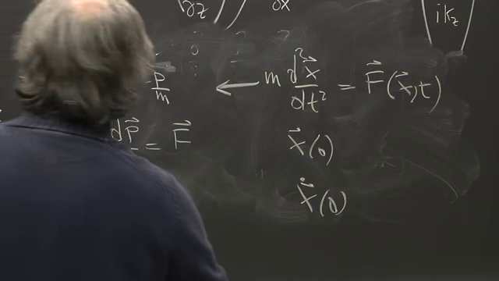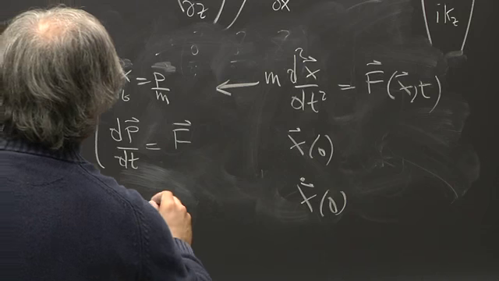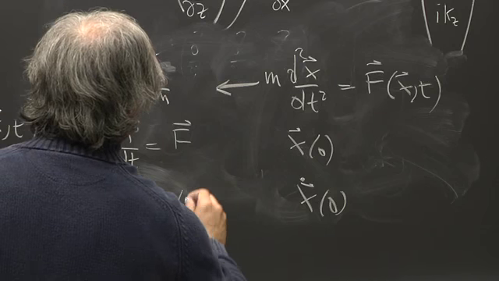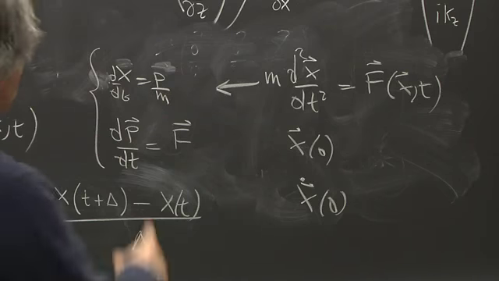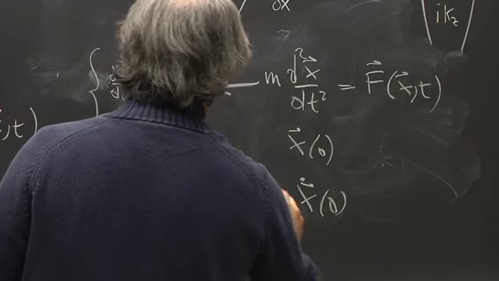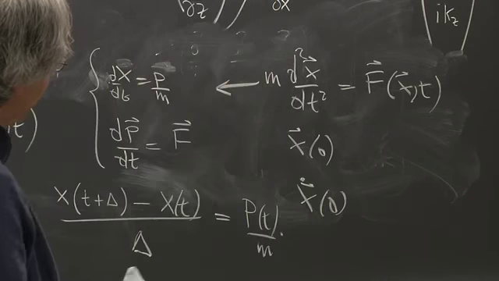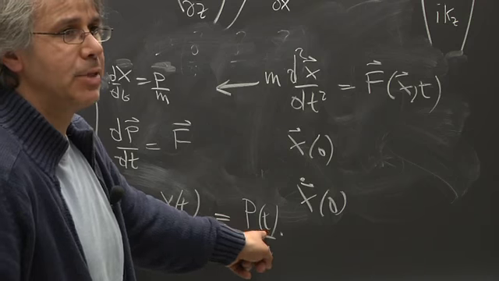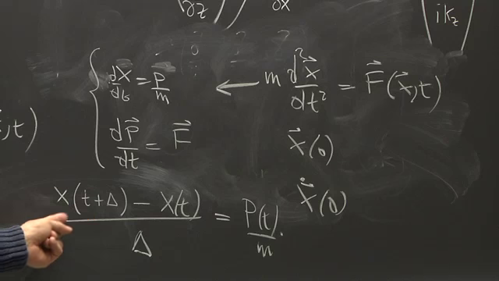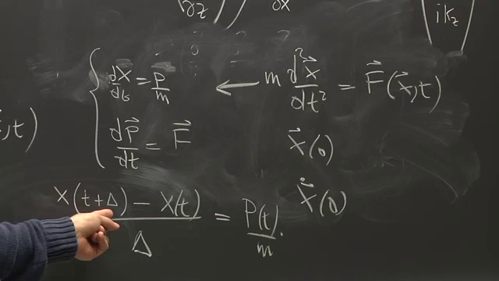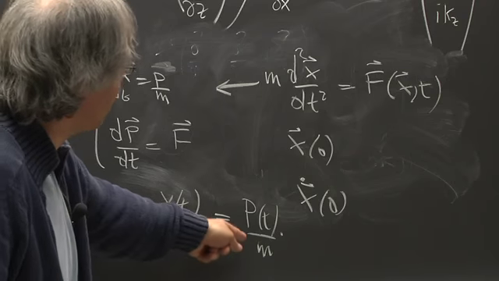Well, you would say x at time t plus a certain delta minus x at time t, divided by delta, that is my estimate for the derivative, is equal to p at time t over m. Therefore, if I know x at time t and p at time t, I can advance one step and calculate x at time t plus delta. It is simply equal to x at time t plus delta over m times p.